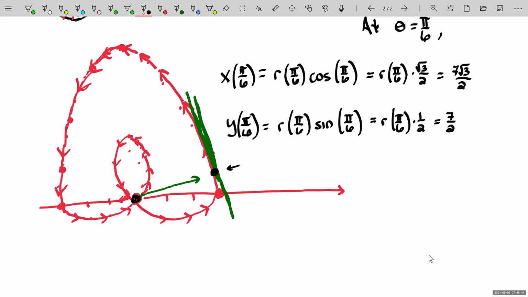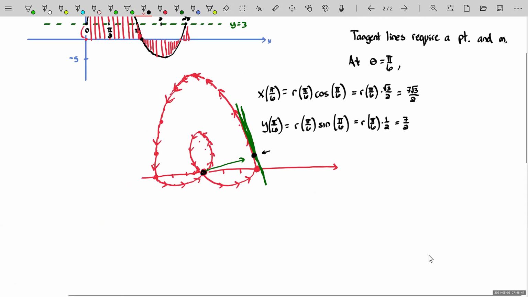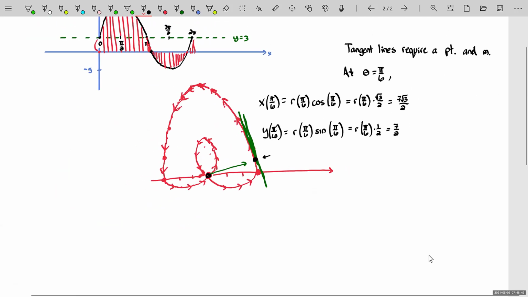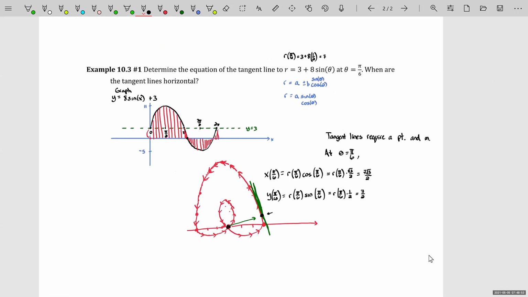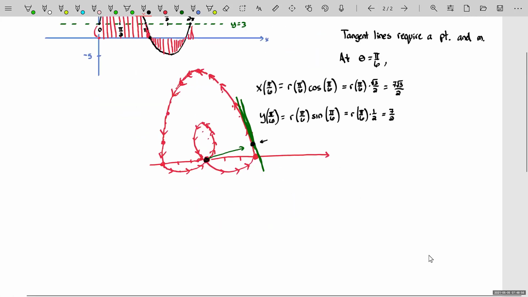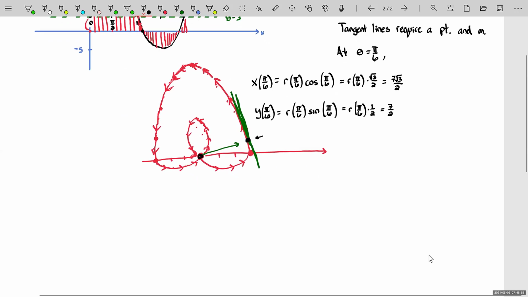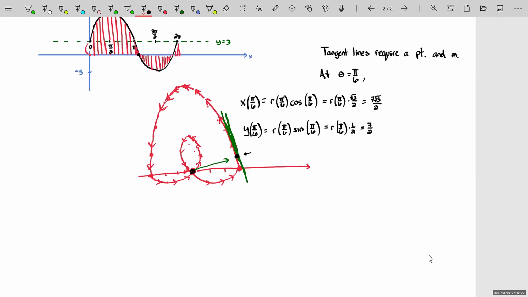So there we go. That kind of matches our intuition, at least. 7 root 3 over 2 comma 7/2 is the point in Cartesians, not in polars. In polars, the point is 7 comma pi over 6. But anyhow, so we have the x and y coordinate. Now we need the slope.